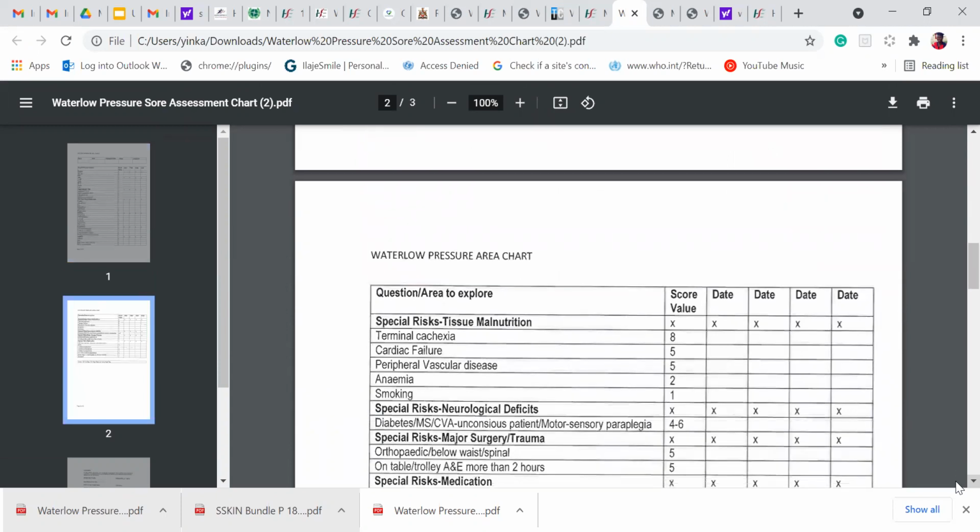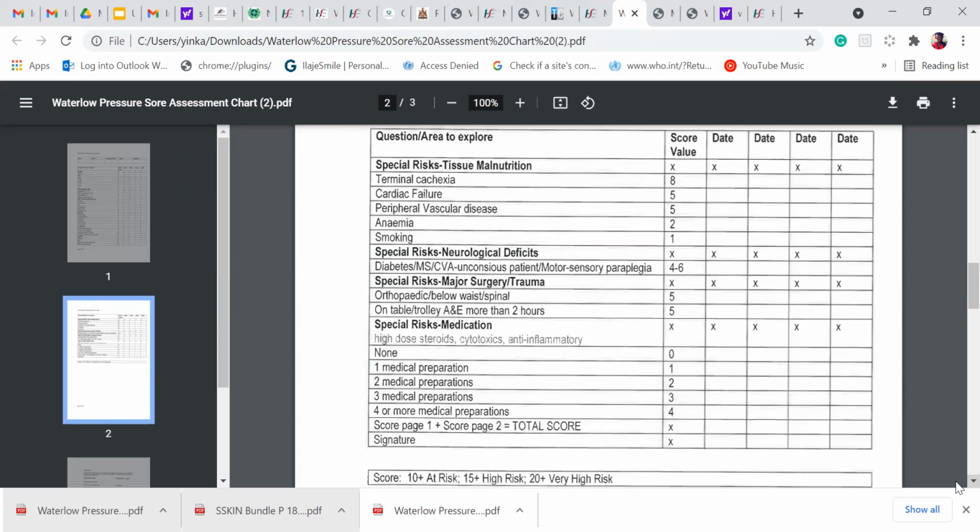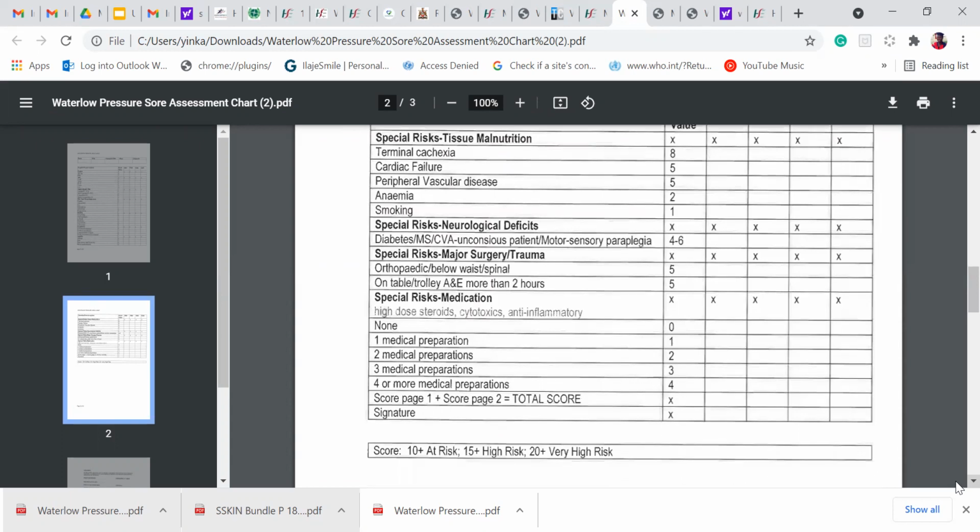Now, there are special risks of tissue malnutrition as well that need to be scored. A patient that has terminal cachexia will score 8 there. A patient that is smoking will score 1. Other special risks, like neurological deficit such as diabetes, CVA, paraplegia, will score 4 to 6, so you give as appropriate.